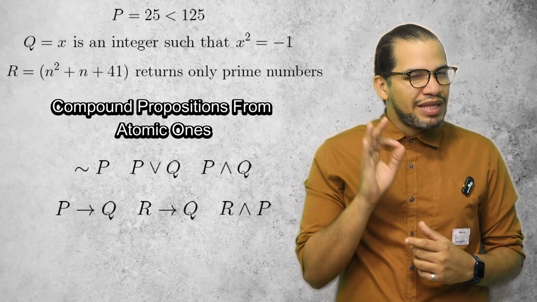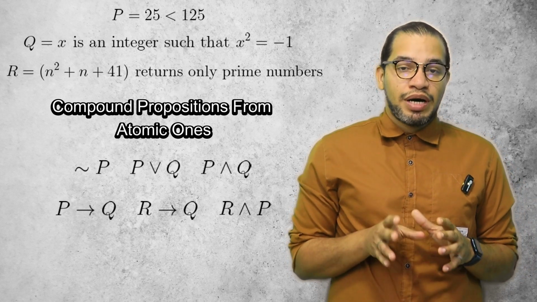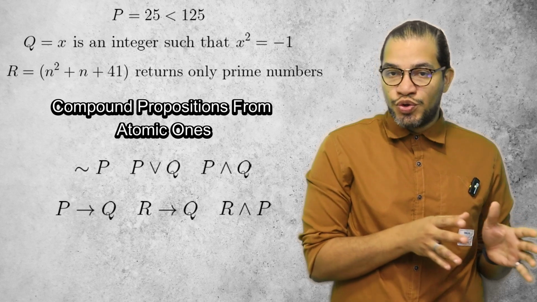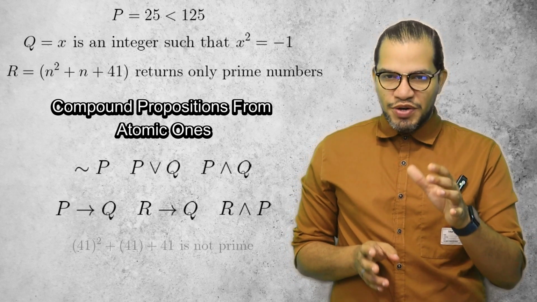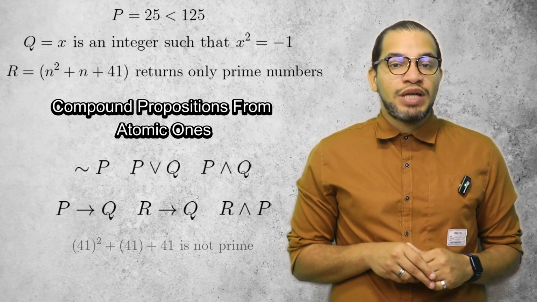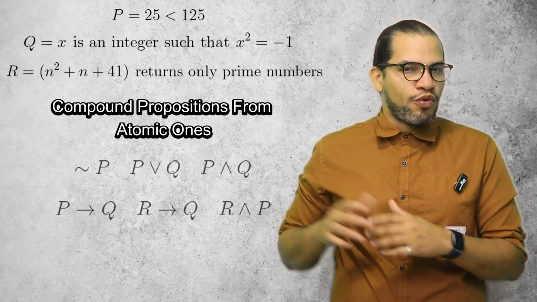Proposition R is a bit more complex than proposition P and Q, but after some computations we can determine if it is true or false. As a matter of fact, this is a false statement, but we are going to assume that we don't know this yet. We don't know if it's either true or false.